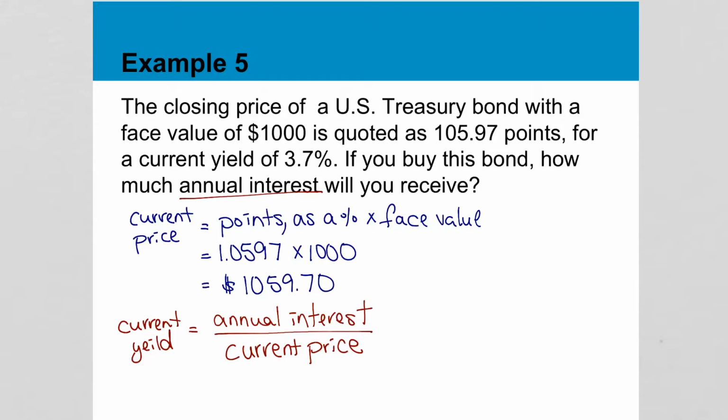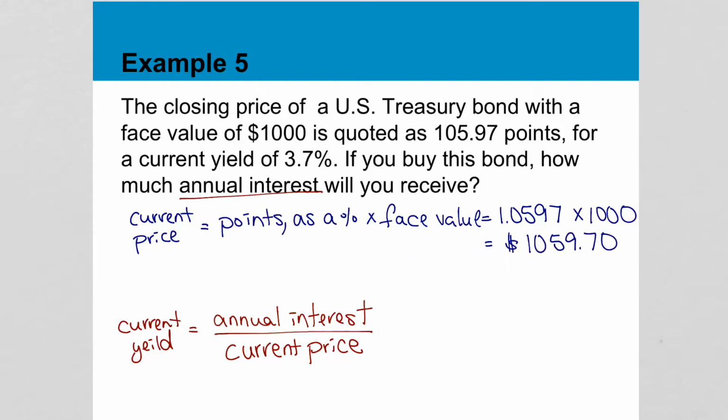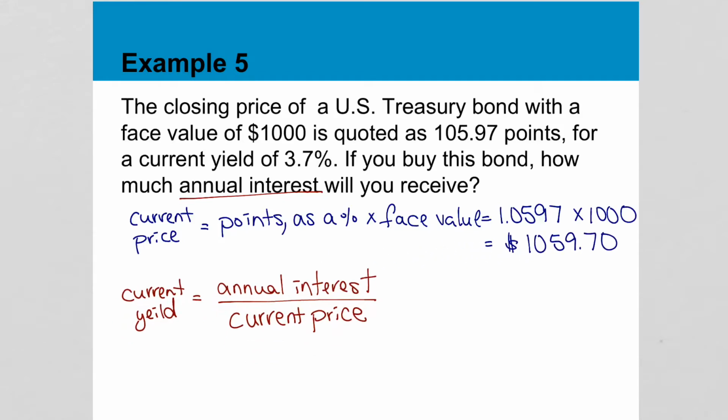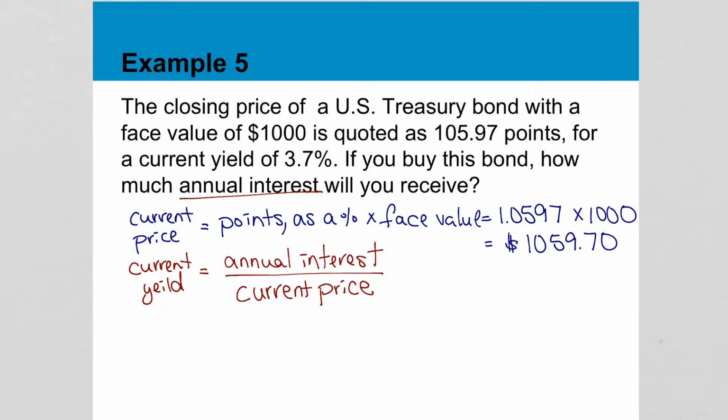We know the current yield. It was 3.7%. Let me move some things around here. So change that percent to a decimal.